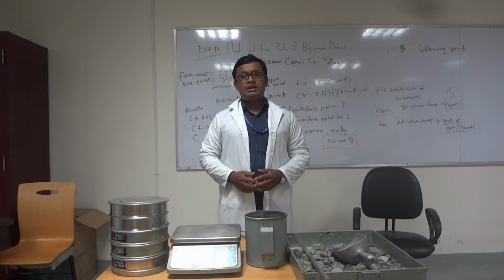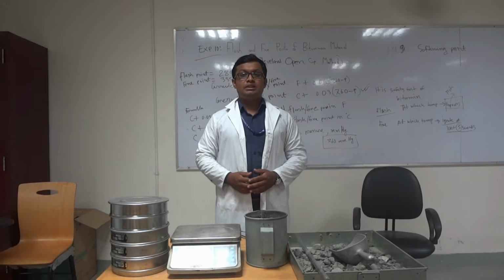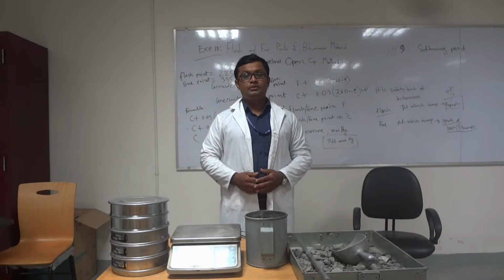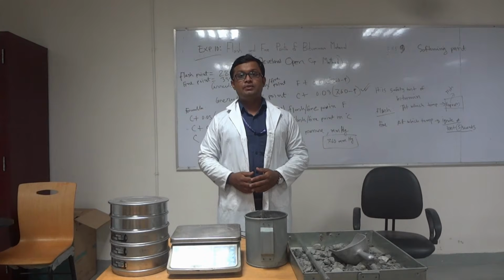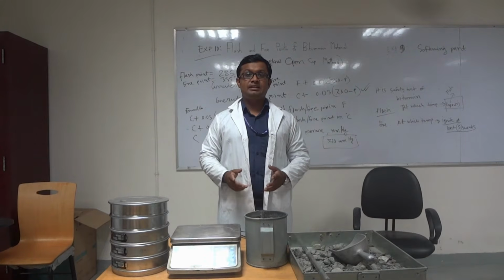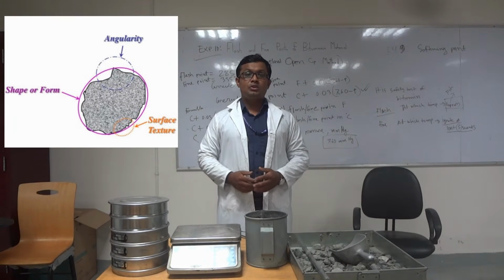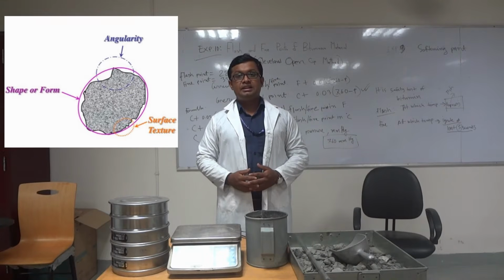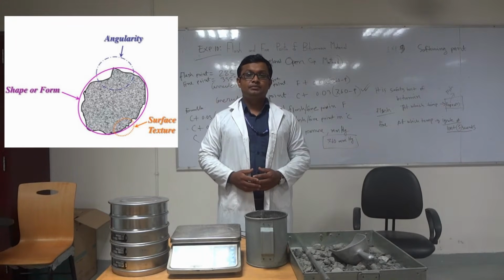Now, what is angularity and what is angularity number? Angularity is the absence of roundness in aggregates. A more rounded aggregate particle has less angularity.